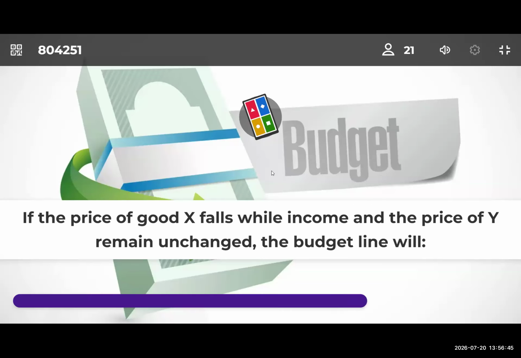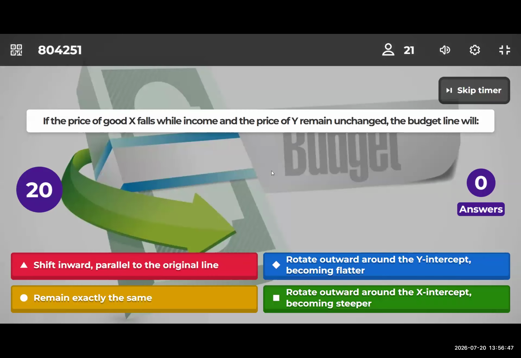Okay, so here, price of X falls, price of Y remains unchanged. So what will happen to the budget line?